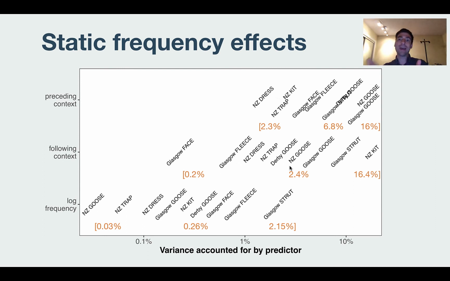Now, if you then compare these with log frequency, those range from 0.03%, which is essentially nothing, to roughly 2% or 2.15% for Glasgow strut. So while there's a little bit of overlap between log frequency and following context, by and large, preceding context and following context are much more reliable predictors of these byword average F2 values in these different categories than is log frequency.